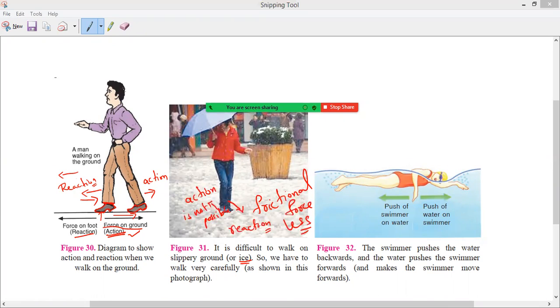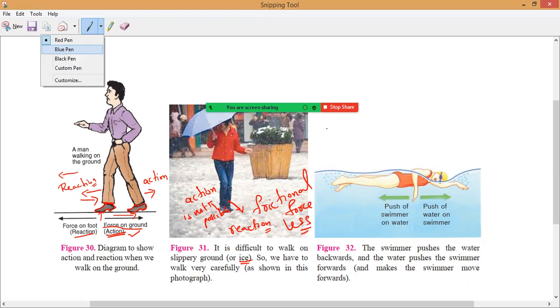So we cannot exert a backward action force on slippery ground or ice, which would produce a forward reaction force on us. That is the reason it is difficult to walk on ice or slippery ground: it is difficult to exert an action force.